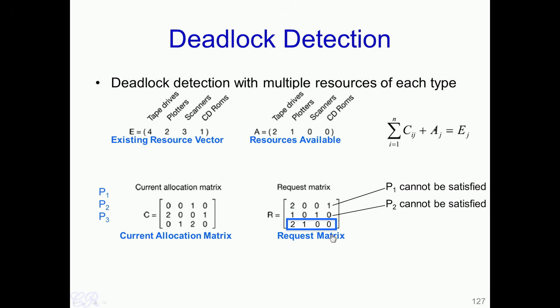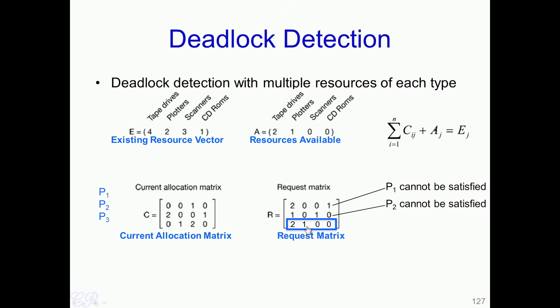If we look at another example where there is a small change, we have just reduced the number of scanners required by process P3. So, in such a case, we see that both the tape drives requested by process P3 can be met by the system, the single plotter can also be met, and there are no scanners and no CD-ROMs required.